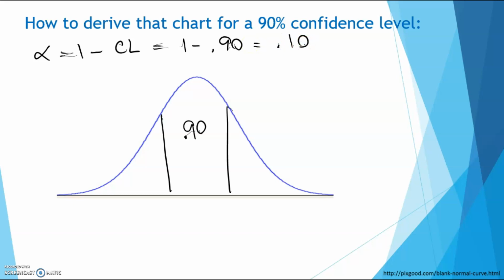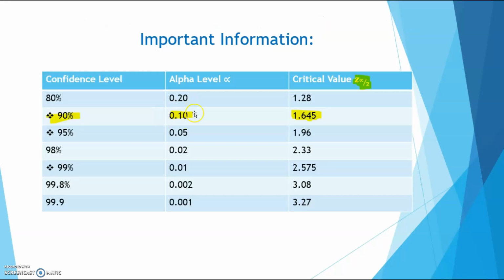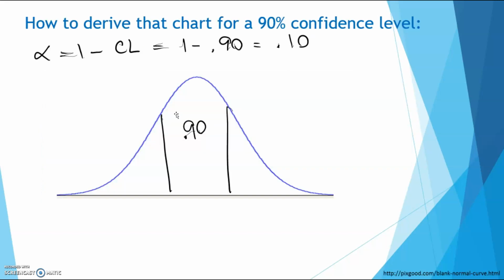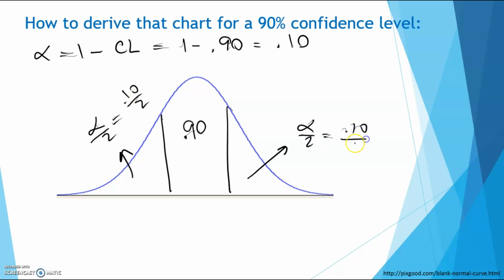Well, there's the first thing that the chart gives us. Alpha is 0.10. Okay, so on either side, we've got alpha over 2 and alpha over 2. So 0.10 over 2 on either side. So that would give us 0.05 and 0.05.